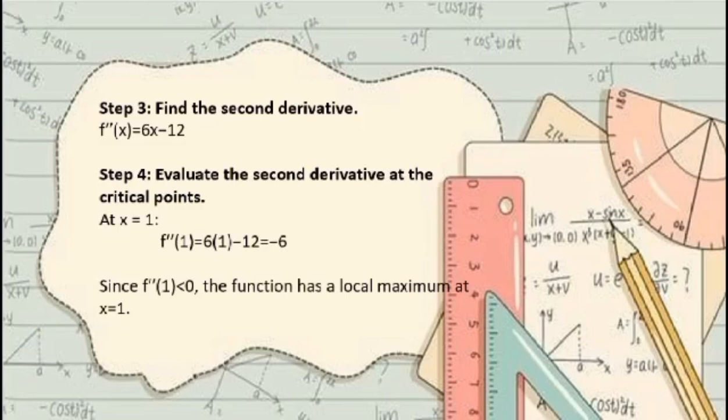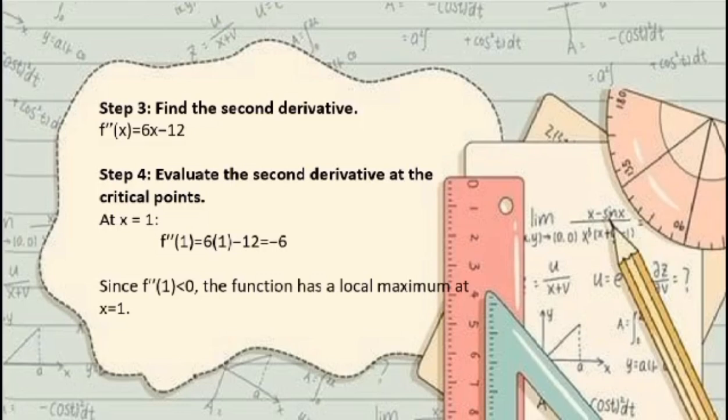And then we need to evaluate the second derivative at the critical points, which are x is equal to 3 and x is equal to 1.